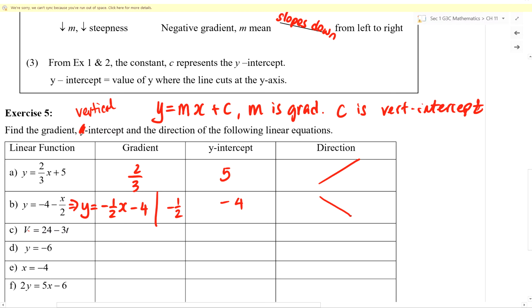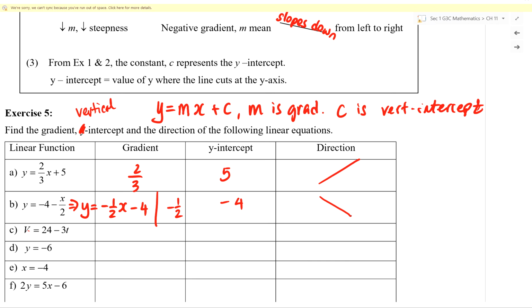I will skip C first so that I won't confuse you. Let's deal with all the x's and y's first. So part D. y equals negative 6. Can you imagine what this graph looks like? y refers to level. Level, negative 6. What kind of line is it? Vertical or horizontal? Horizontal.